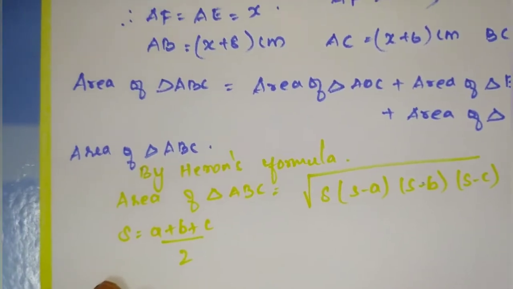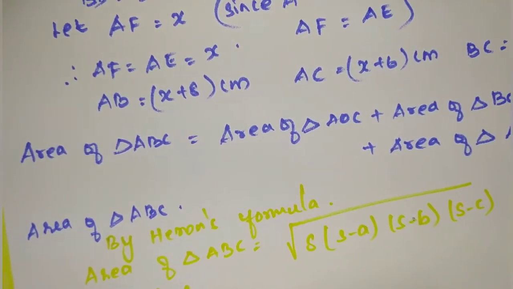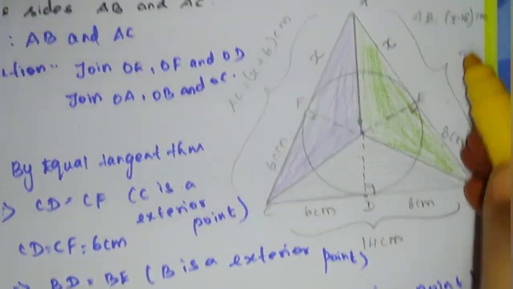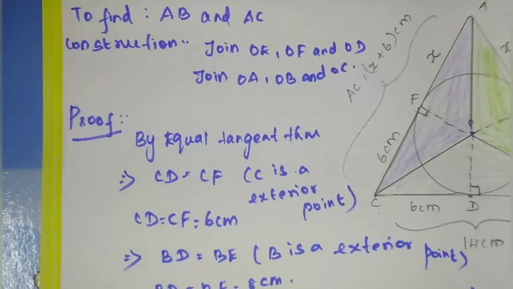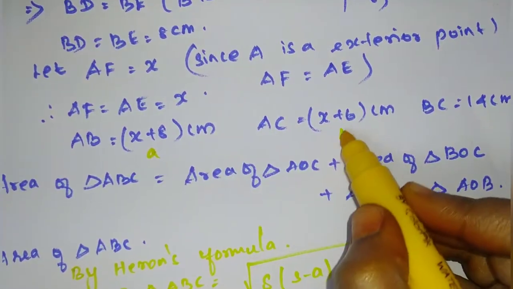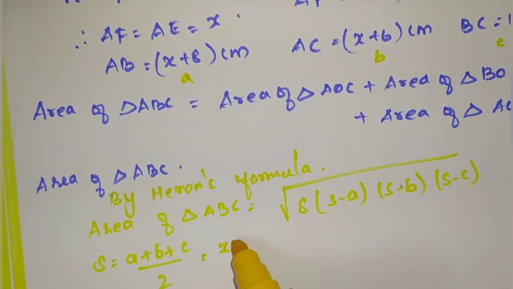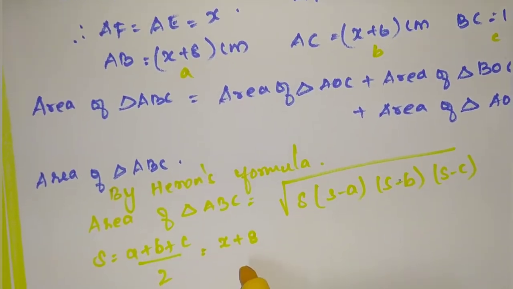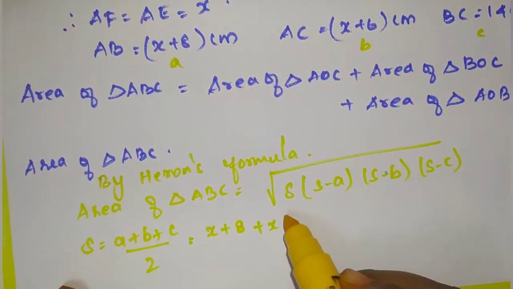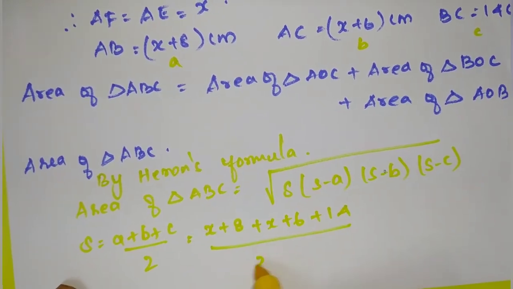What is a? Anything you can take. This one is a, this one is b, and this one is c. Okay, x plus 8. First, you have to find the semi-perimeter, s, which is a plus b plus c divided by 2.